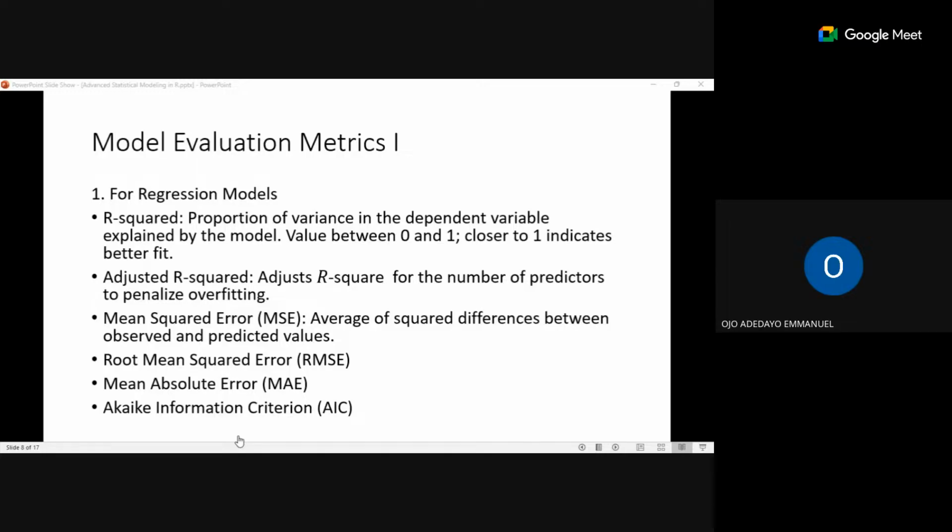That means they have considered the error and removed the possible noise that you may find in your model. Another name for error is noise. The term noise we normally use in time series. So immediately you take care of that noise, you now have what we call the adjusted R squared.